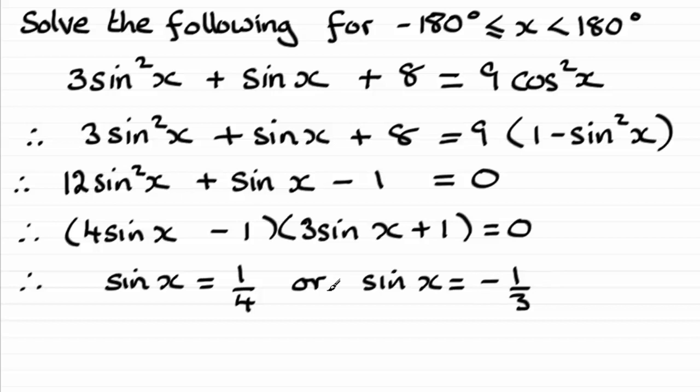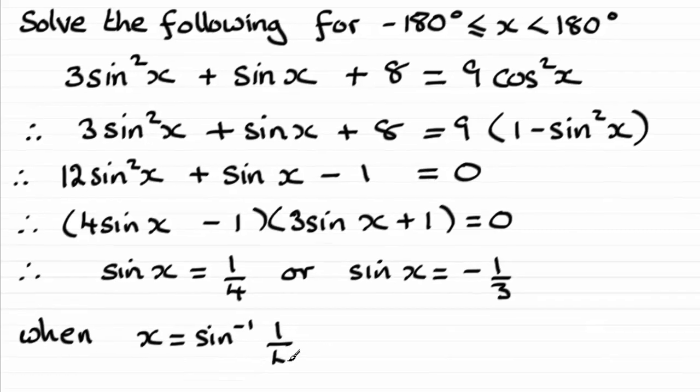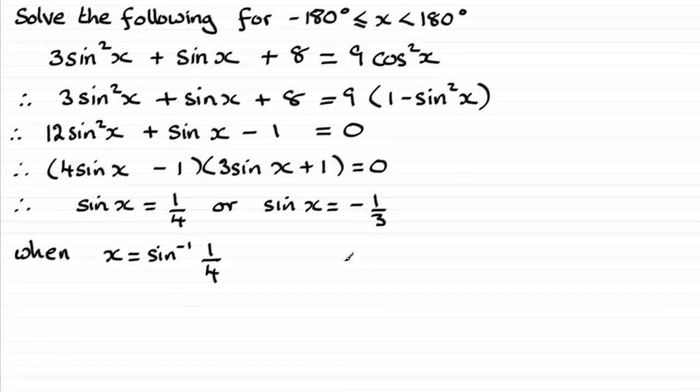Okay? So I'll take each of these equations in turn. And if we look at when sine x equals 1/4, let's just put this down. We would have x equaling the inverse sine of 1/4. And to solve this, what I'm going to do is not use a graph, I'm just going to use the quadrant method.